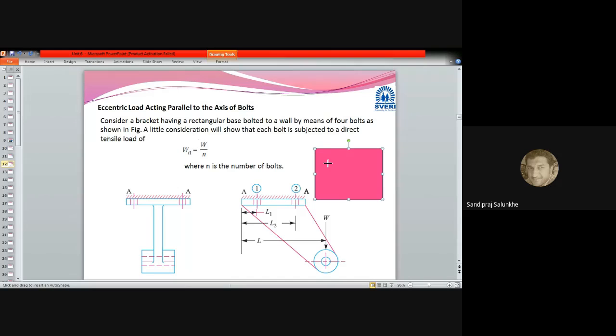One bolt is used here, the second one is used here, the third one is used here, and the fourth one is used here.